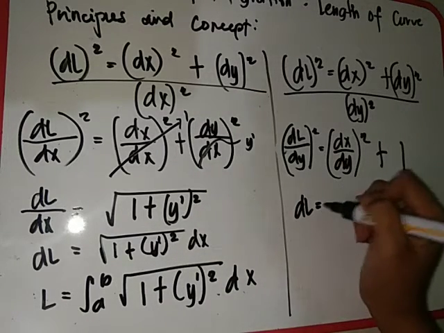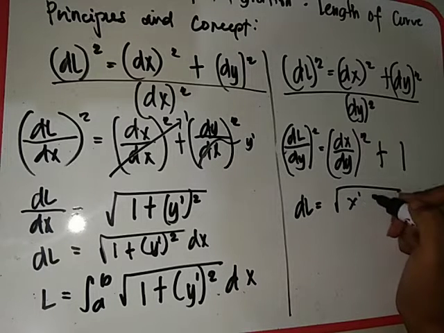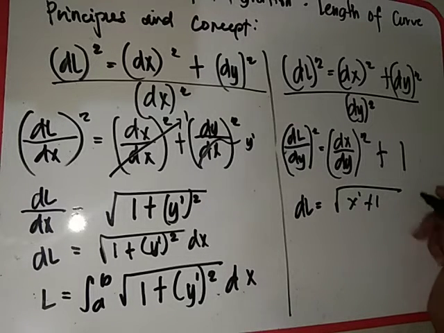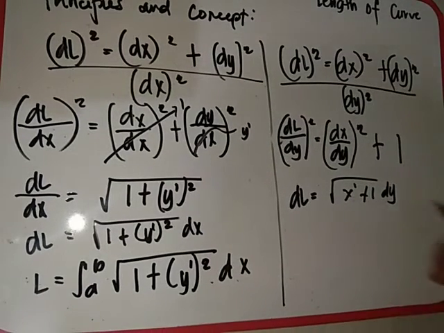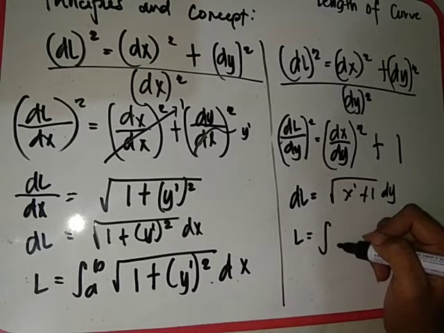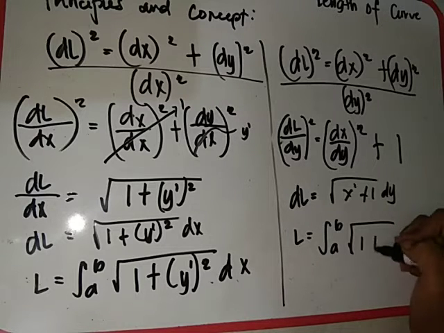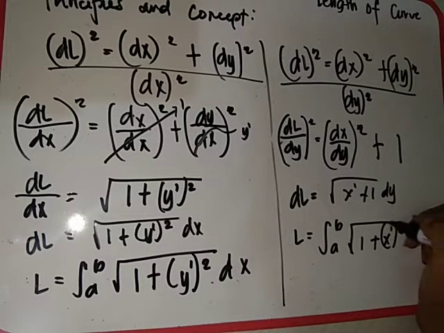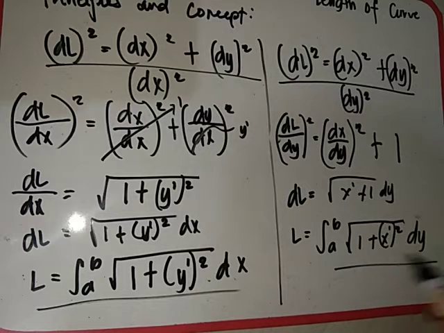So we have dl is equal to the square root of x prime squared plus 1 dy. So we have the length is equal to the integration from a to b of the square root of 1 plus x prime squared dy. So this is for y and this is for x.